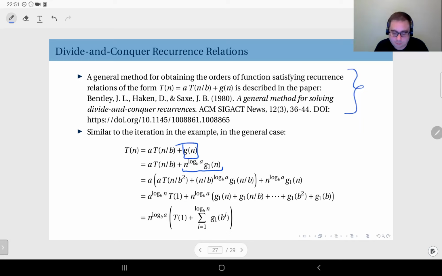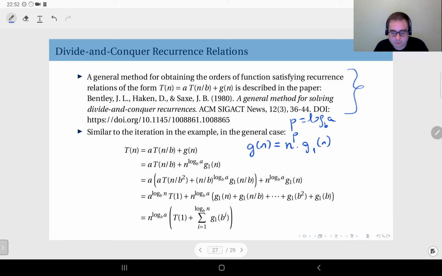So we are assuming g(n) can be written as n to the power p times g1(n), where p equals log_b(a). It's a simple case of a division, but it's going to make things easier for us.